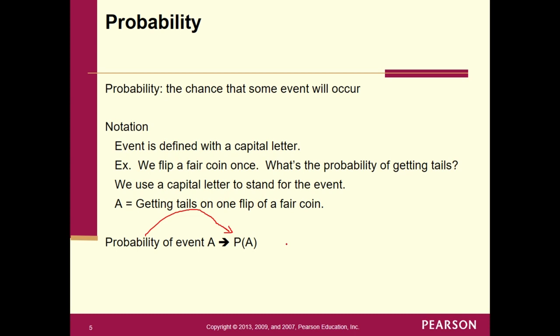So we could then say that this stands for the probability of getting tails on one flip of a coin. There's other ways of doing this, but that's one way. But certainly note that events can be defined with a letter and probability with a capital P.